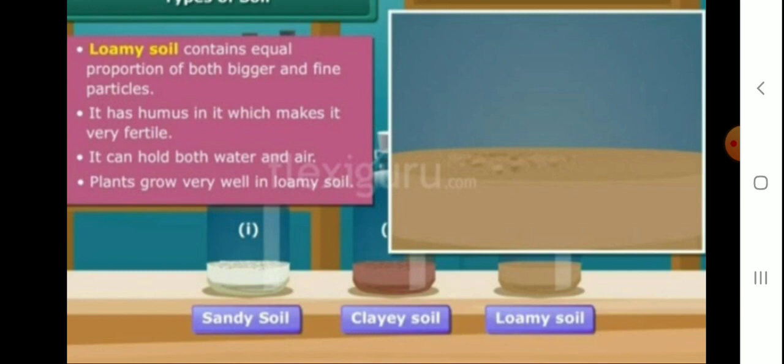Now, humus is the content in which organic matter of decayed plants and dead animals is present, because of which it makes fertilization possible. It can hold both water and air, because the proportion of particles are both bigger and fine.